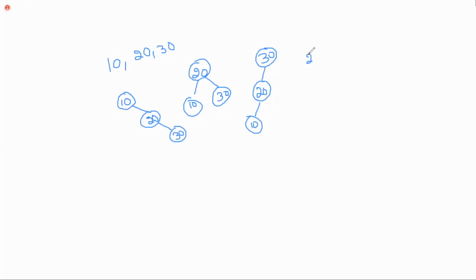Among these three trees, is it binary search trees or not? All the three trees, are all binary search trees or not? Yes, it is satisfying the binary search tree property. It is also satisfying the binary search tree property. It is also satisfying the binary search tree property. So all three are satisfying the binary search tree properties. So among these three trees, which one will you select as optimal?